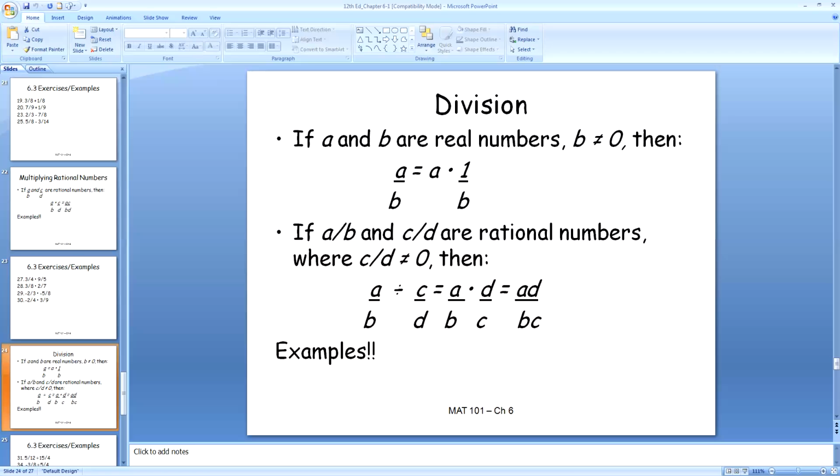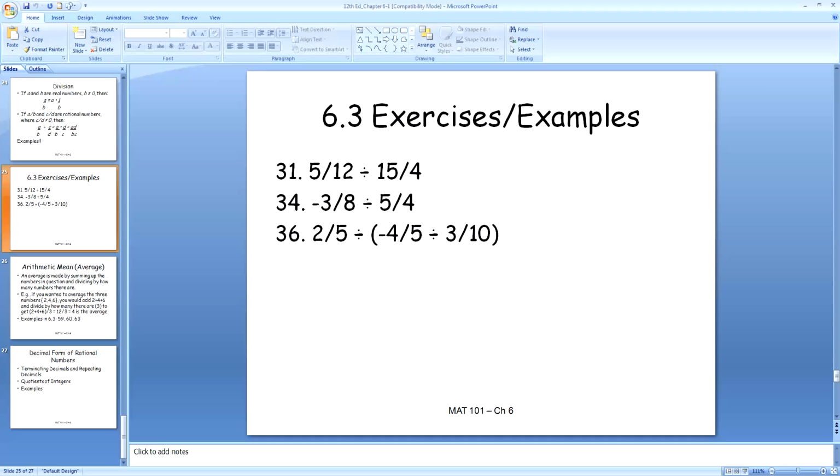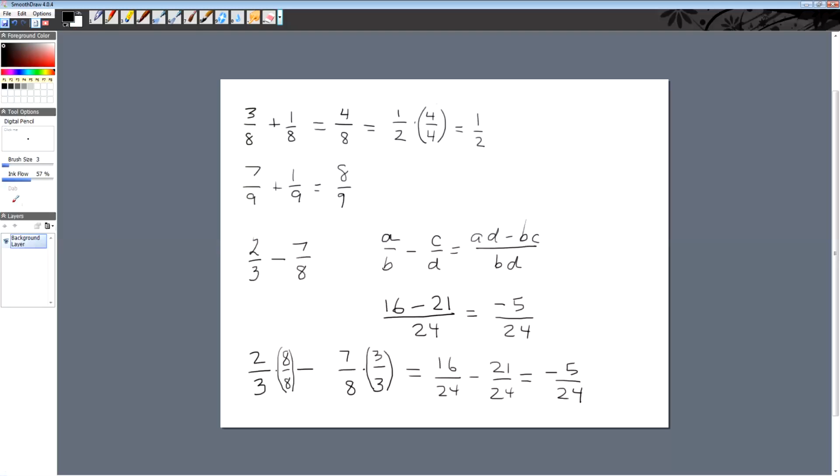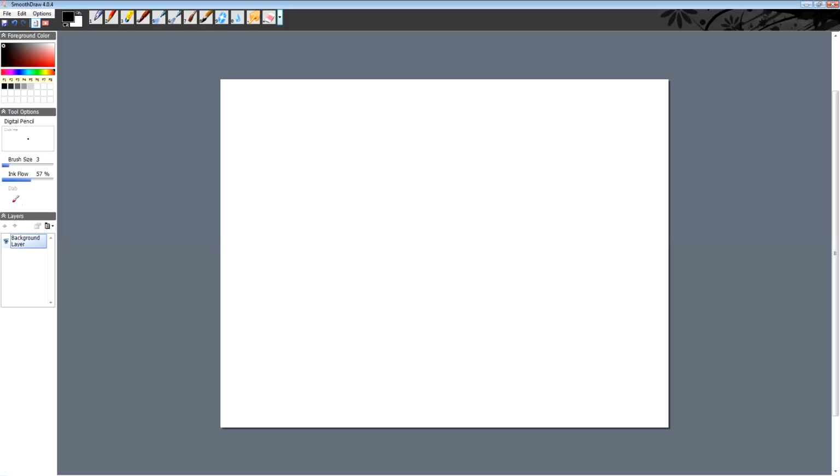So here are some examples: 31, 34, and 36. So number 31 on page 252.